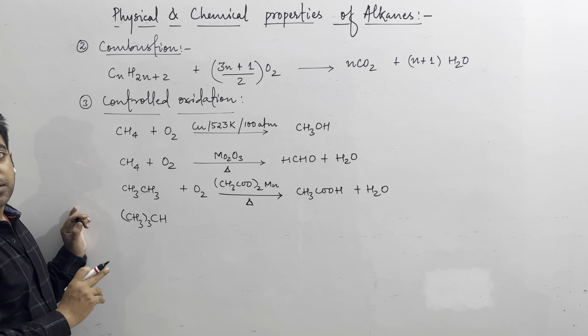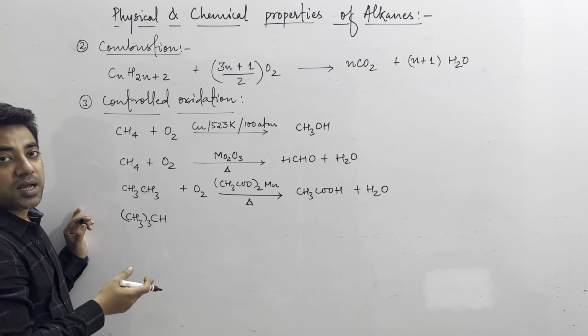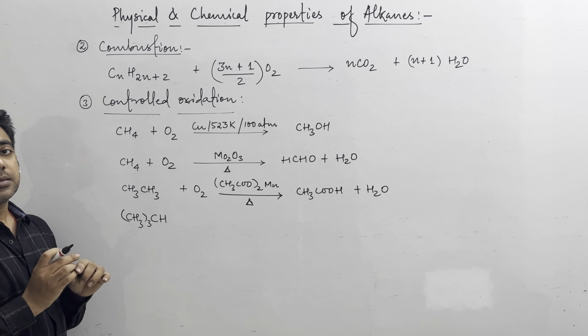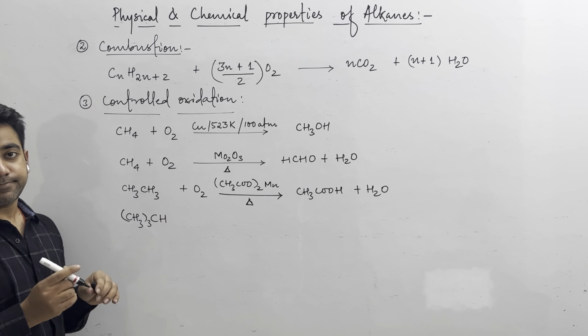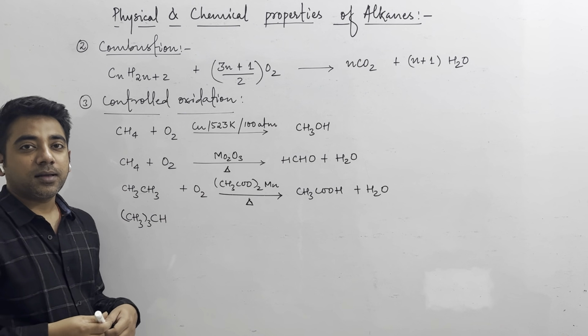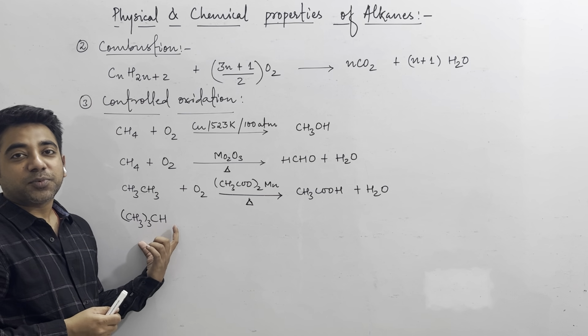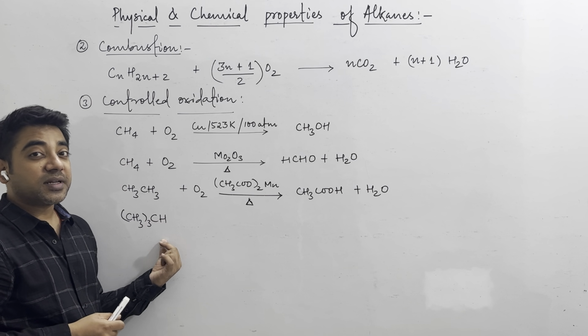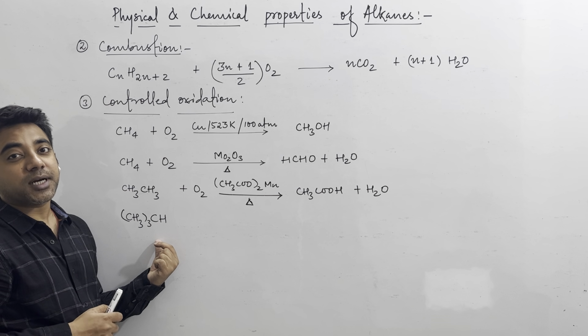This is 2,2-dimethyl propane, and this one is 2-methyl propane, and you can see a hydrogen atom available here on the tertiary carbon.